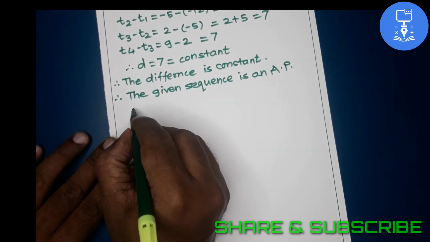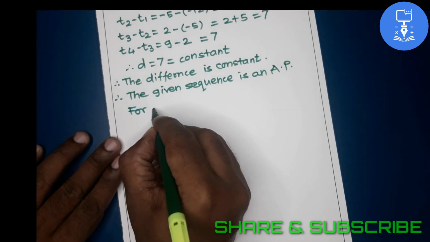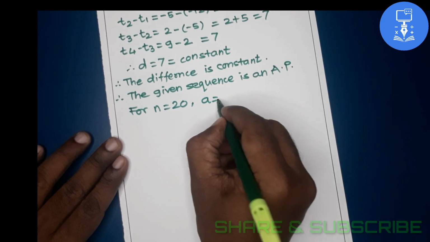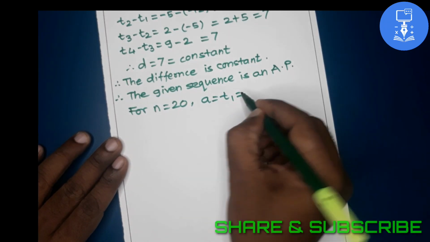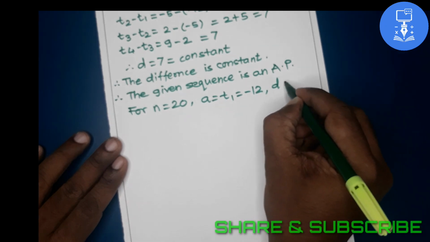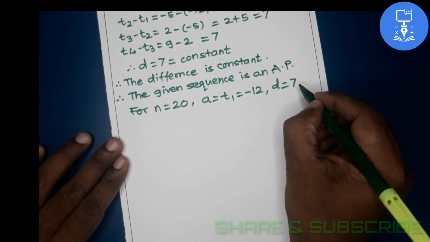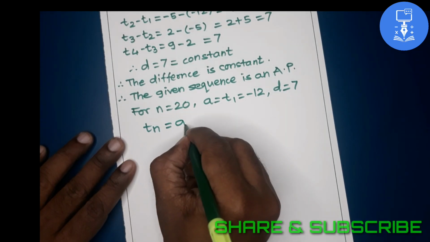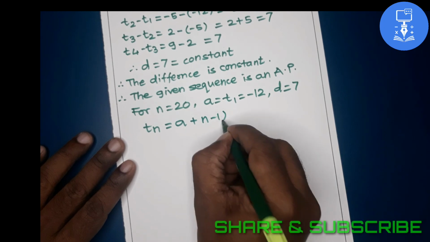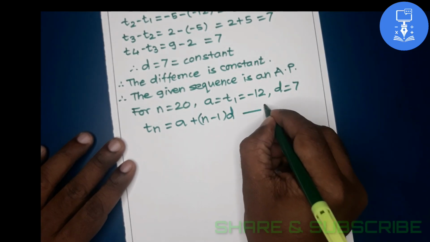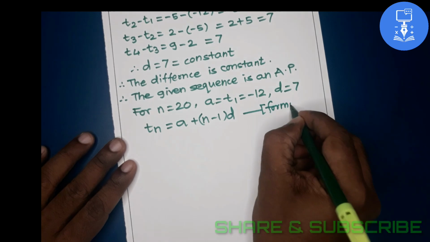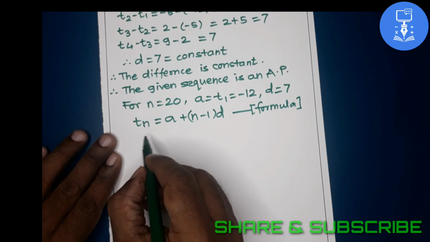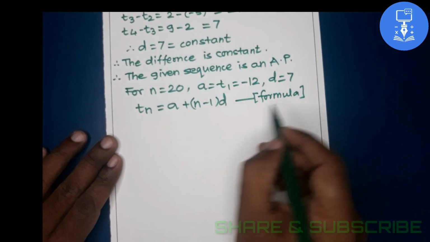So for n equal to 20, in this sequence we have a, the first term, equal to -12, and D equal to 7. So let's solve using the formula Tn is equal to a plus (n minus 1) into D. Let's mention here that we are going to use this formula.